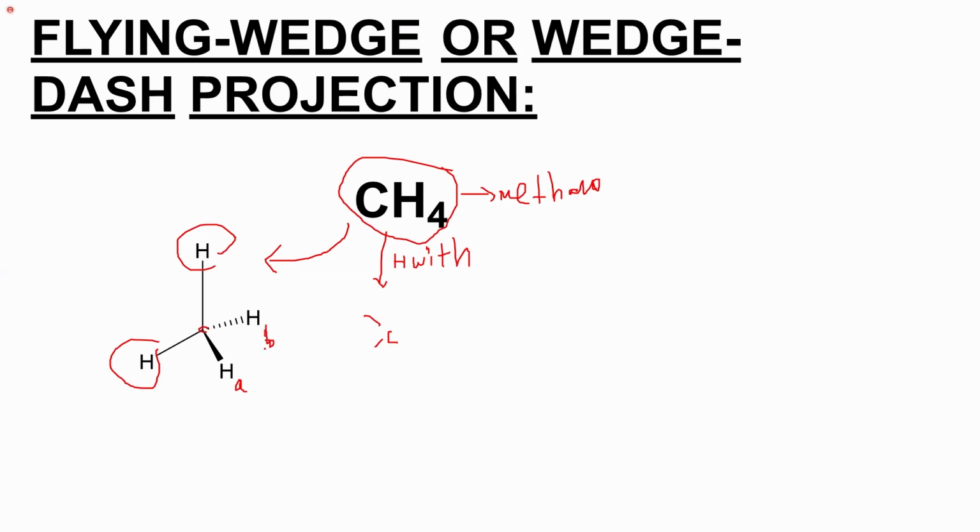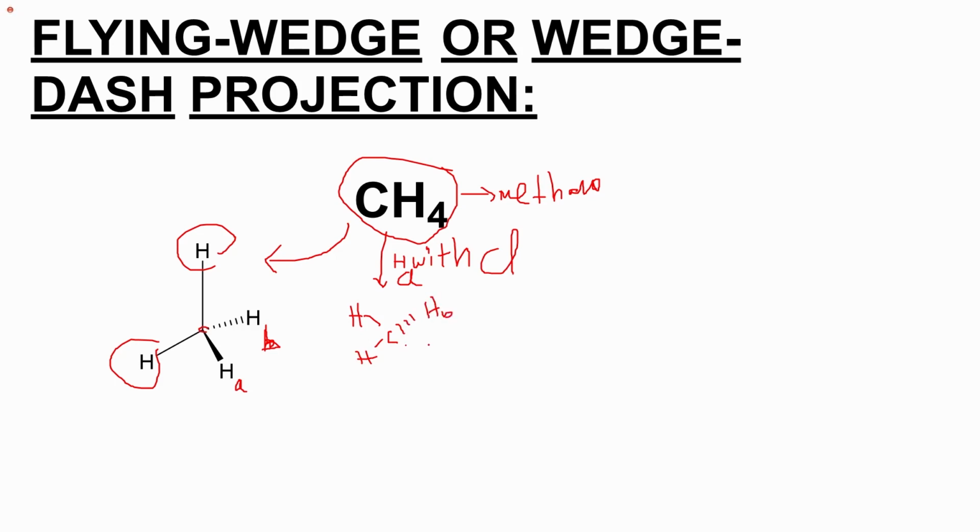HB means below and HA means above. So let's suppose HA is replaced with chlorine. Now the other two hydrogens will be the same, right? These two hydrogens are in the plane. Now the other hydrogen, HB, is below.